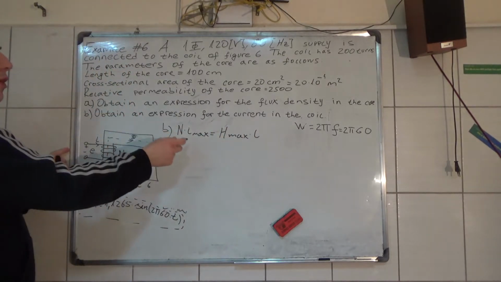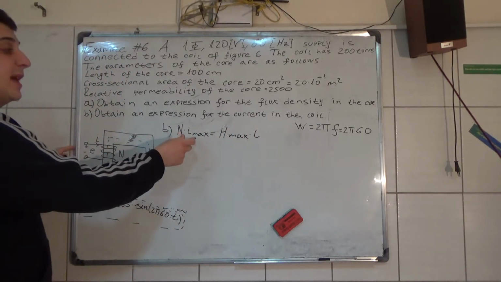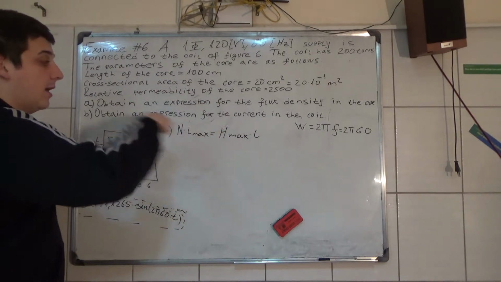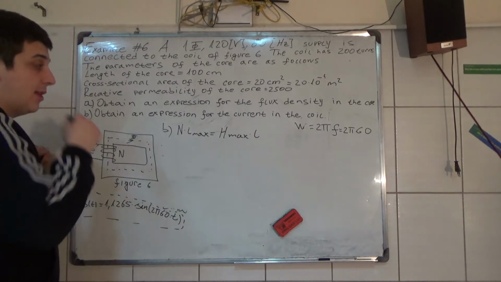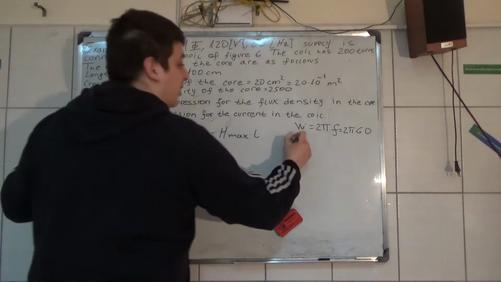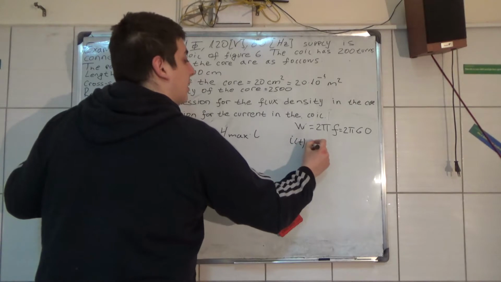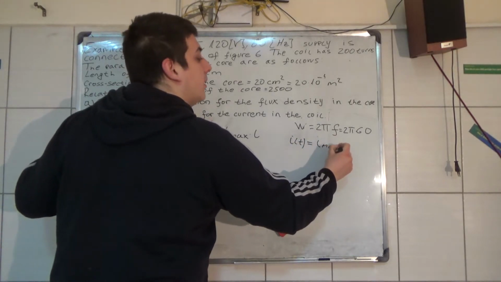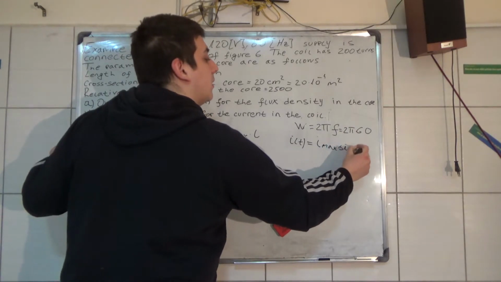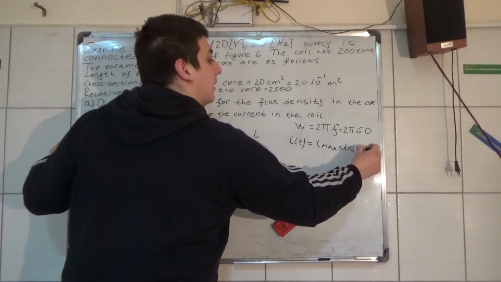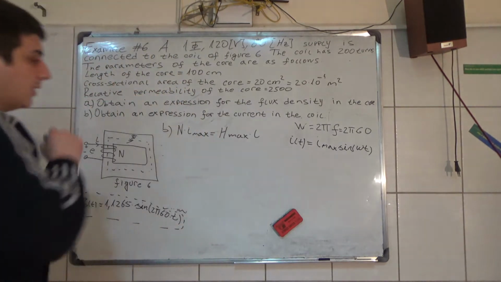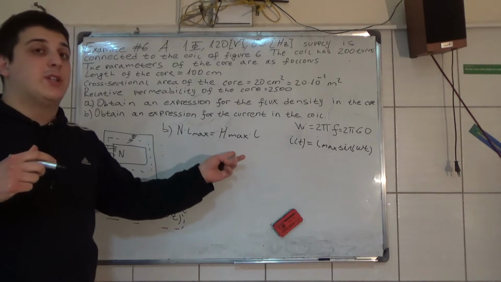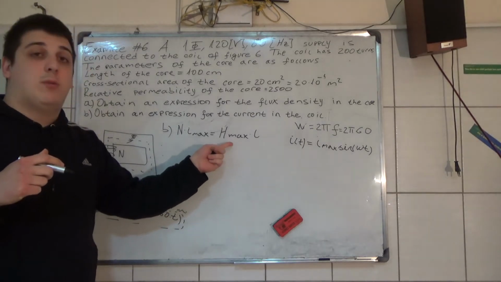Now, when the current is maximum, the magnetic field intensity also has its maximum value, and the expression for the current in the coil is equal to I maximum sin omega t. But how are we going to find the maximum current?